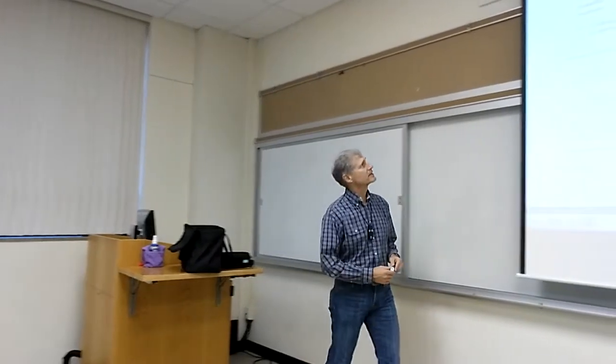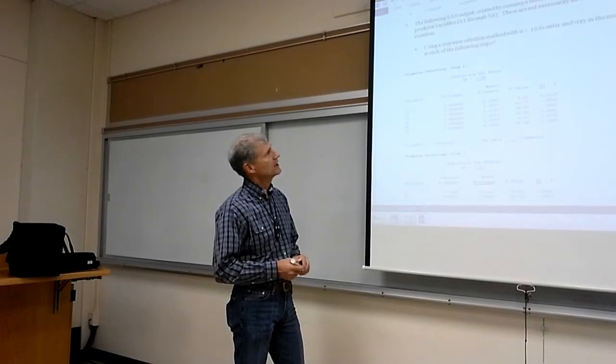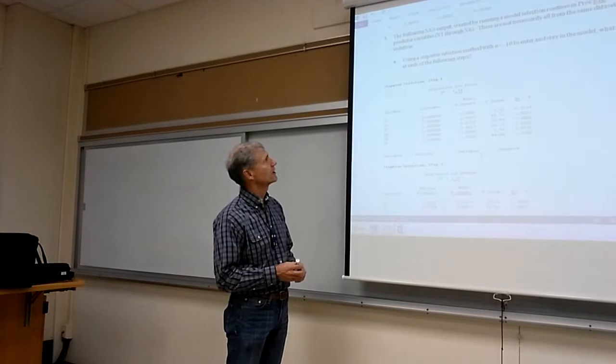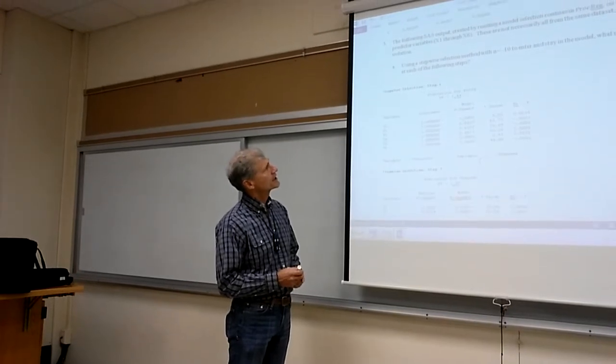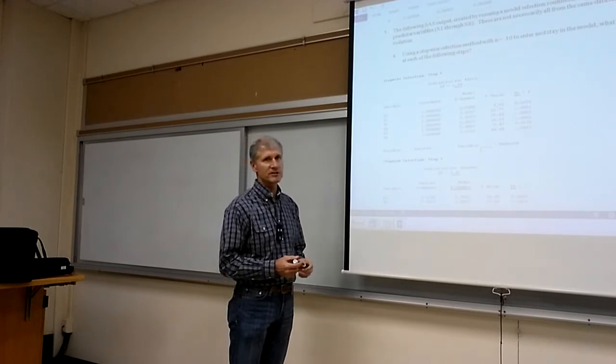So number 3 says, the following SAS output created by running a model selection routine in PROC REG on various data sets with 6 predictor variables. These are not necessarily all from the same data set, so consider each step in isolation.